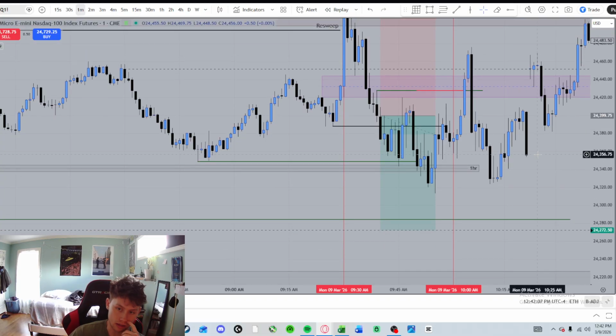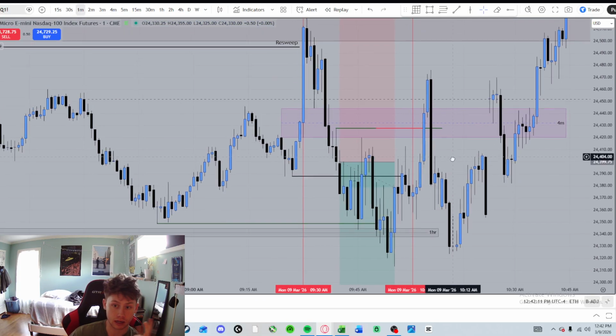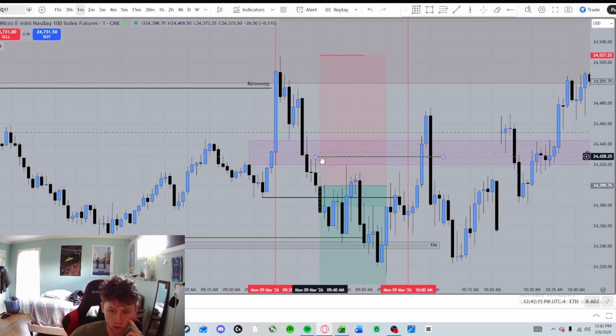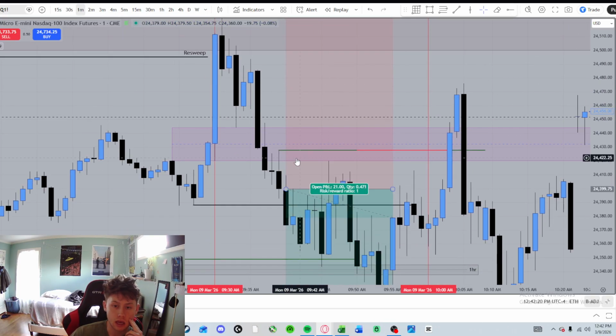You need to get good at identifying short-term lows and intermediate term lows and highs. This green line here also counts as an intermediate term high, even though there isn't a short-term high to the left. It counts because it's dipping into a fair value gap.